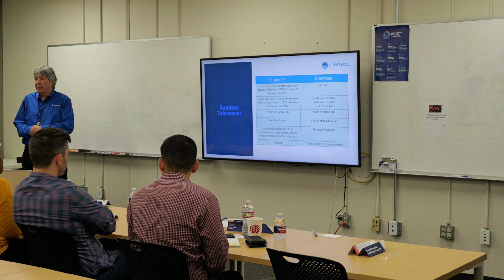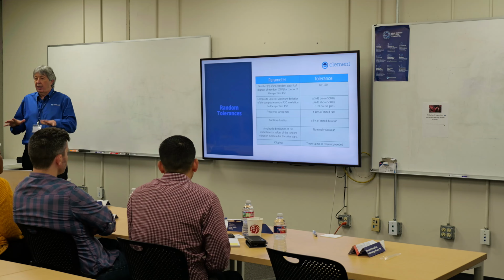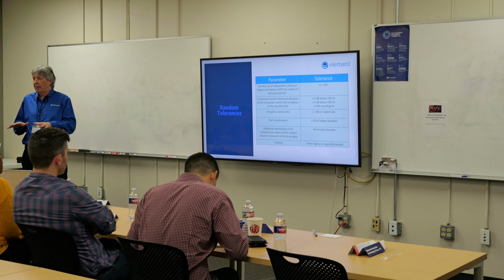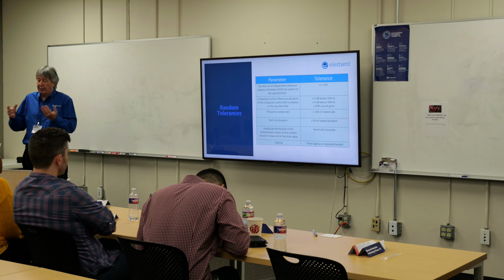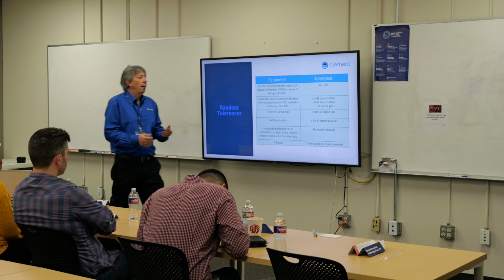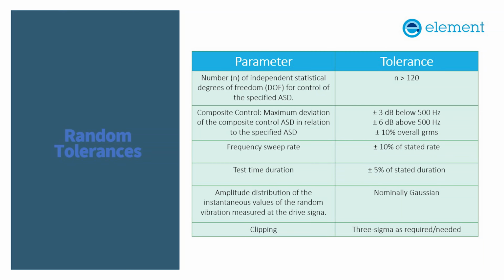Random vibration, all frequencies are present all the time. The only thing that's random about random is the peak acceleration level, the distribution. So all frequencies are present all the time. Another degree of freedom we use is the statistical degrees of freedom. Since random's always changing, we never know with 100% certainty what the table's doing.